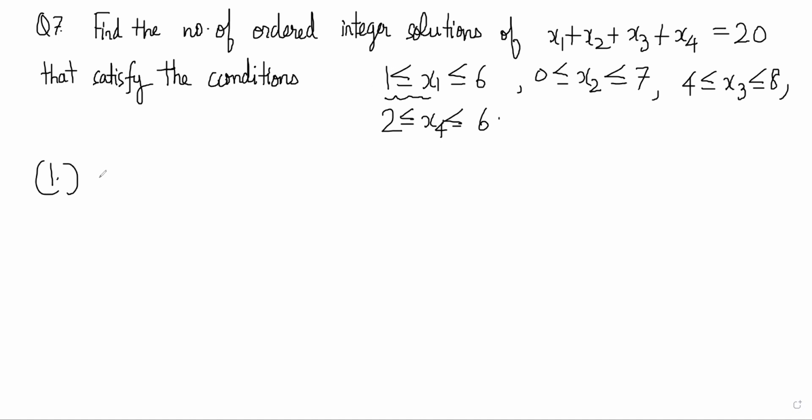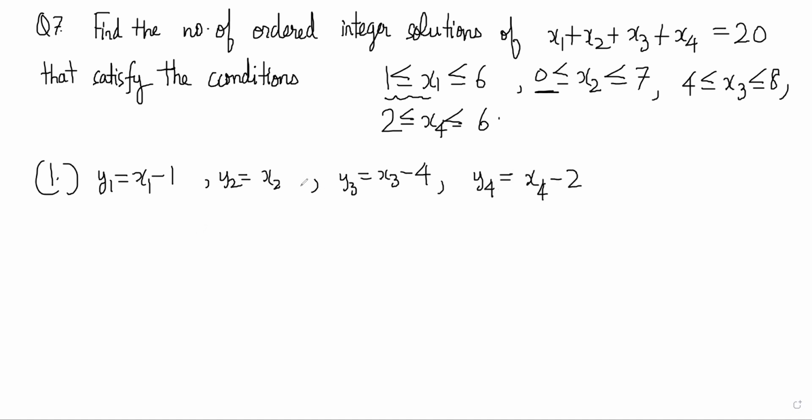We make the substitution y1 is equal to x1 minus 1, y2 is equal to x2 because it starts from 0, y3 is equal to x3 minus 4, and y4 is equal to x4 minus 2. And now the initial equation x1 plus x2 plus x3 plus x4 is 20 becomes y1 plus y2 plus y3 plus y4 is equal to 13.